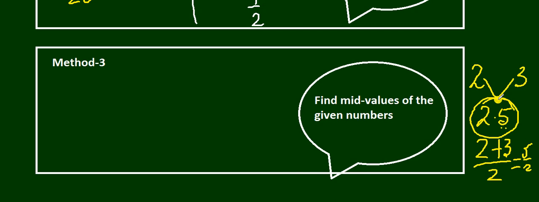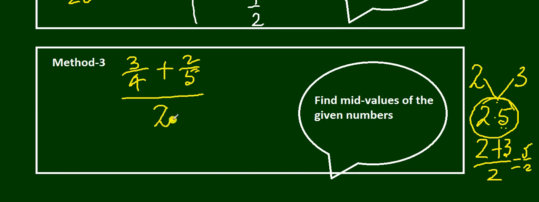We are going to use the same concept for fractions or rational numbers as well. If I have the numbers 3 over 4 and 2 over 5, I can always get a number by adding them and dividing by 2.